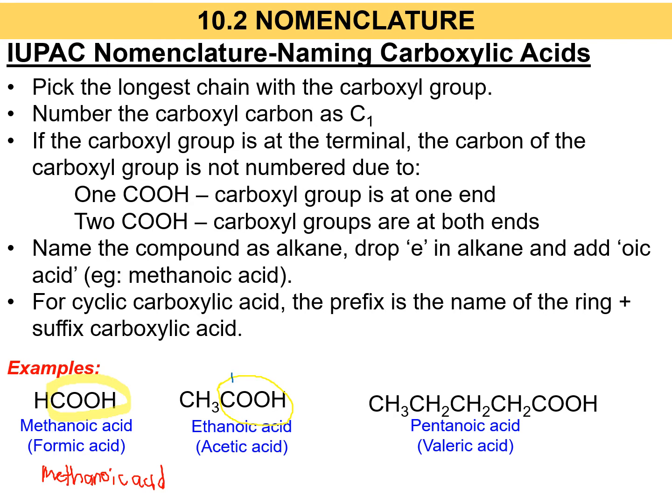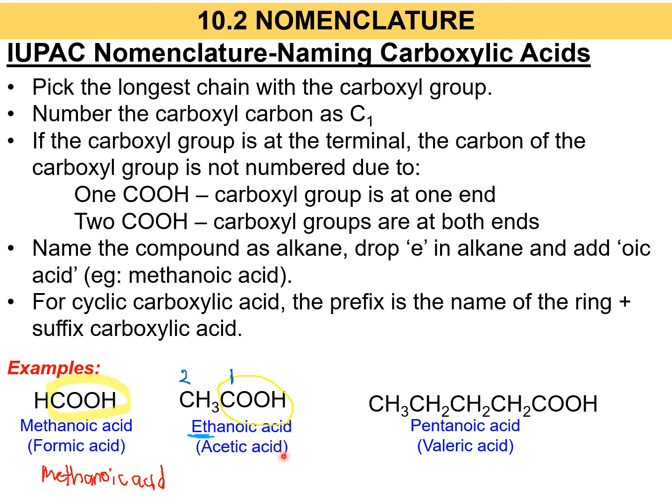Okay, and this will be carbon number 2. Since dah ada dua carbon, supposedly dia punya parent name should be ethane here. Tapi because this is a carboxylic acid functional group, so you have to add oic acid kat belakang. So dia ethanoic acid.